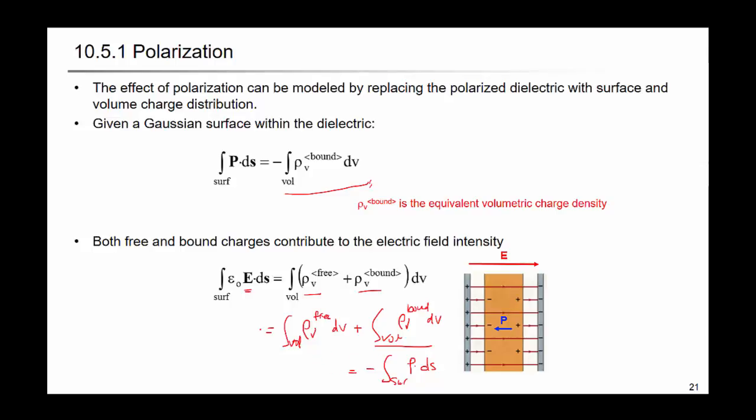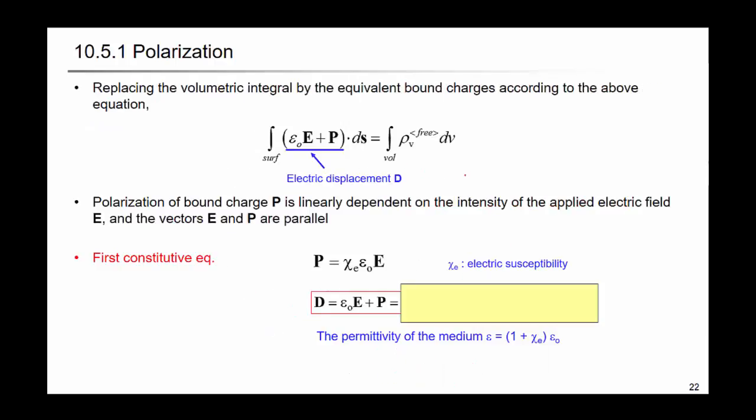Then we can move it to the left side and this becomes the next equation here. So the electric displacement that's caused by the free charge is a function of the external electric field and the polarization. And the polarization of the bound charge P is linearly dependent on the intensity of the applied electric field.